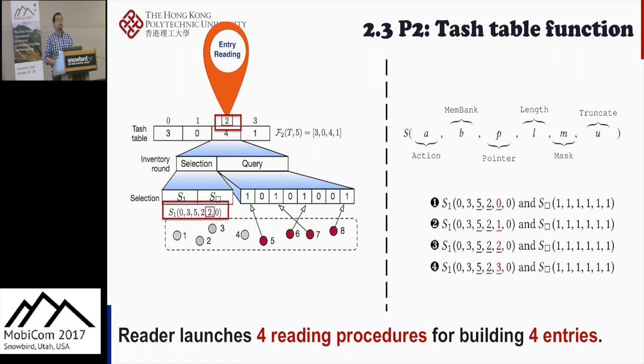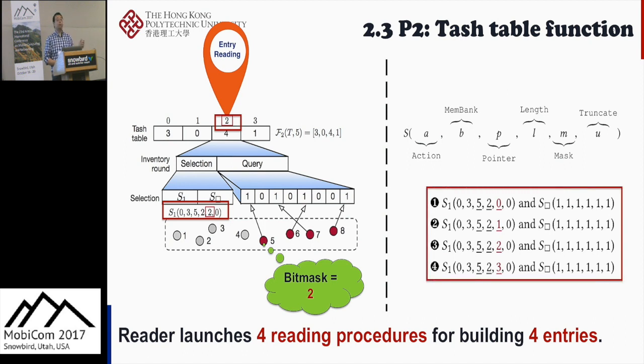And then we broadcast a select command containing the bit mask with the hash value of 2, so that only the tags whose hash value equals 2 will reply in this reading procedure. Because we have 4 entries, we will start 4 entry readings.